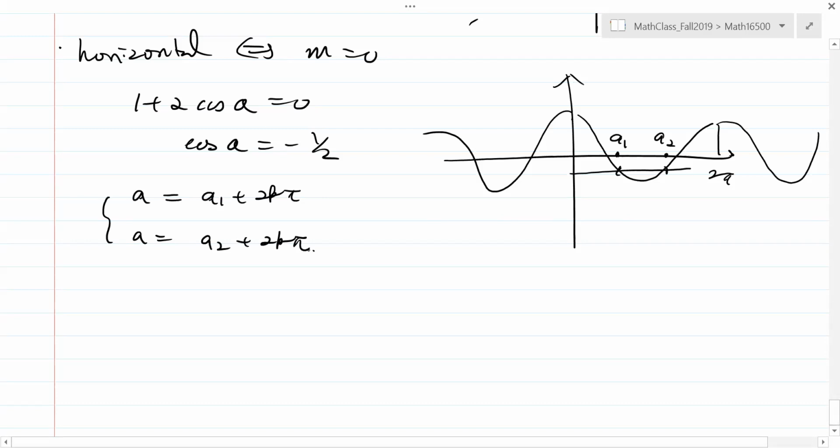You can try. I know cosine A equals 1/2 if A is a small angle, being cosine 60 degrees. So you should know something about this. Cosine 60 degrees is 1/2, and sine 60 degrees will be square root of 3 over 2. Cosine 60 degrees is positive 1/2, but I have a negative 1/2, right?